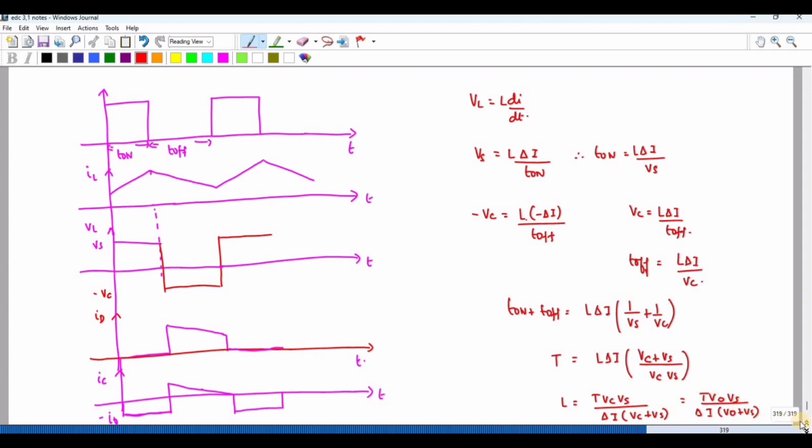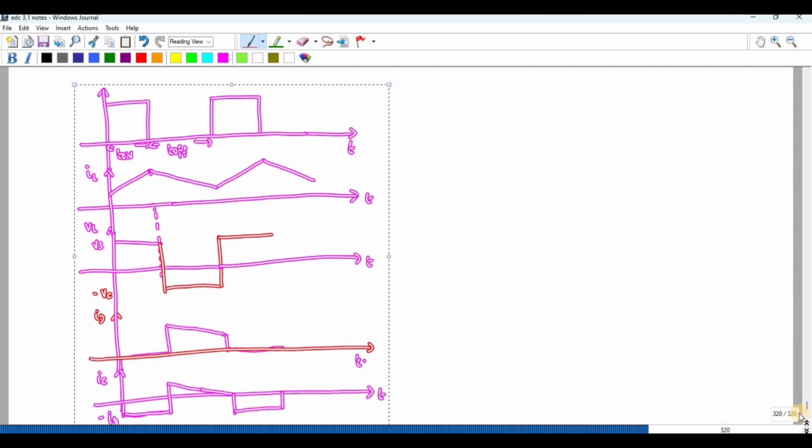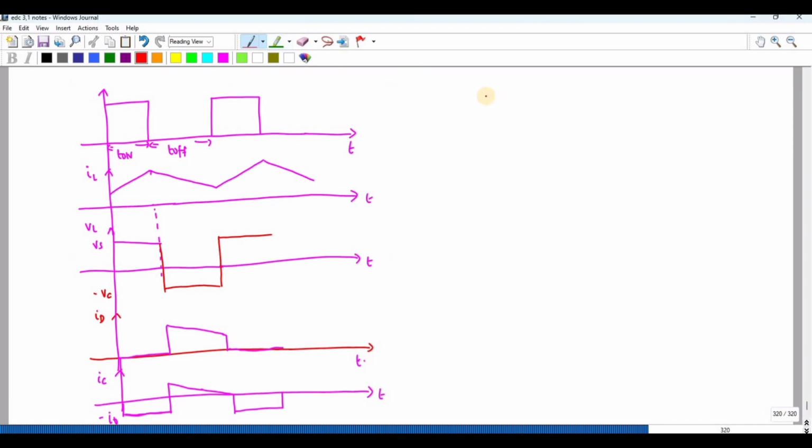Next, in order to find the value of the capacitance, we know that del Q is equal to C into del V, and I is equal to dq by dt, so I can write Q is equal to the integration of IC into dt. The integration value is nothing but the area.